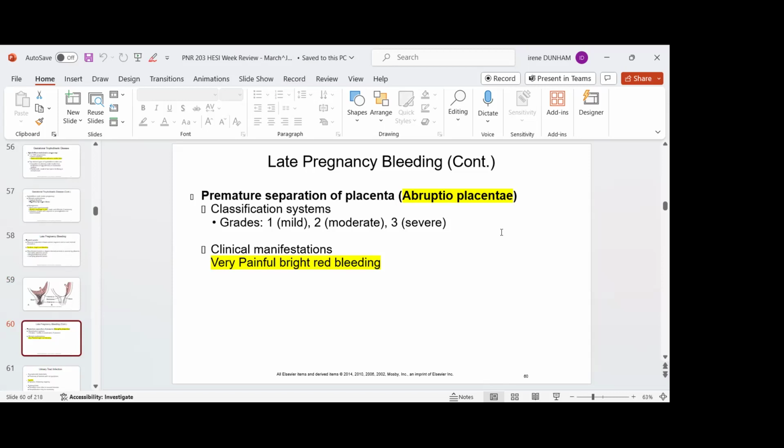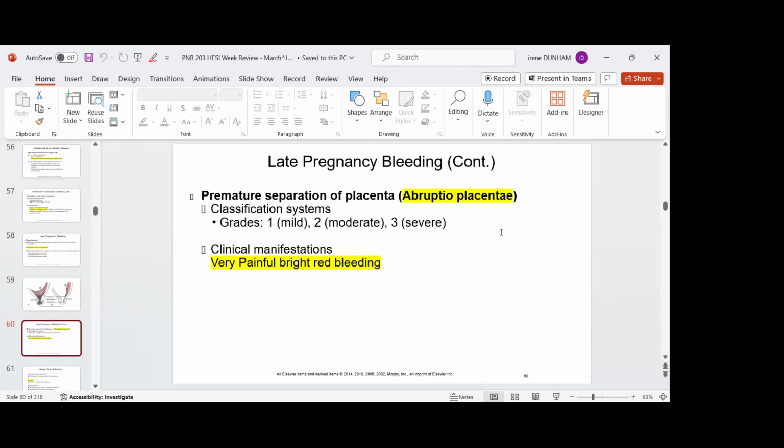So again, it's painful, because it's abrupting off the endometrium. So it could be like maybe she got hit in the abdomen, maybe she has some trauma, and it dislodged the placenta, so it breaks off from the endometrium. Okay, and when you have that, that's painful.